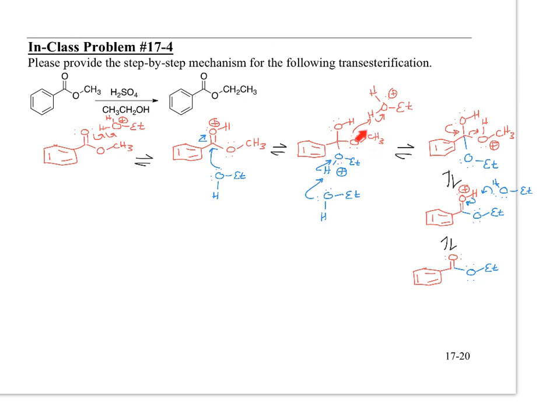Our methanol piece here, the oxygen of that needs to be protonated. That gives us this intermediate shown here. The OH lone pairs will swing down, kicking this out as a leaving group, giving us our next to last product, or our penultimate product, which would be the protonated ester, and this will quickly lose a proton to give us our final new ethyl ester. And so that's the mechanism for transesterification.